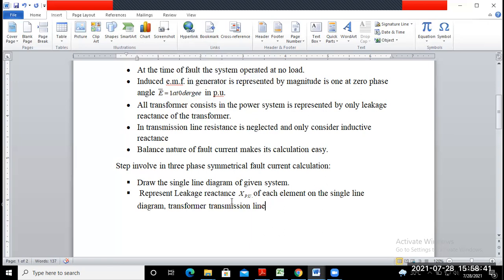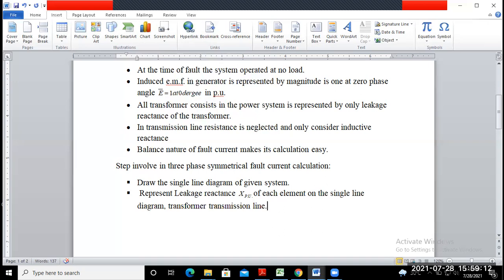So their leakage reactance is represented as a per unit value. Okay, and transmission line parameters are also indicated on the single line diagram by the per unit value. That means leakage reactance in per unit value. So transformers, transmission lines and other elements, if involved in your system, are represented by their leakage reactance in per unit.